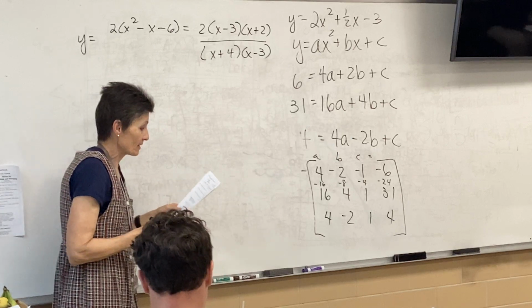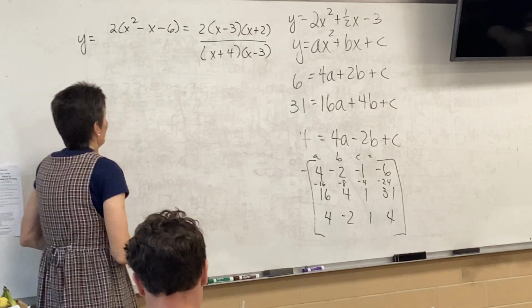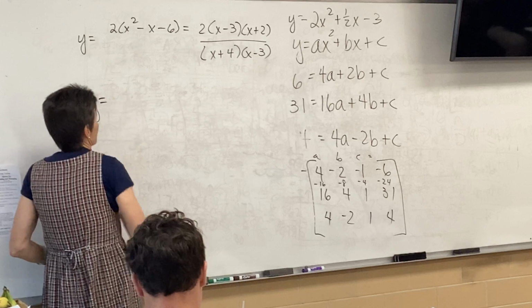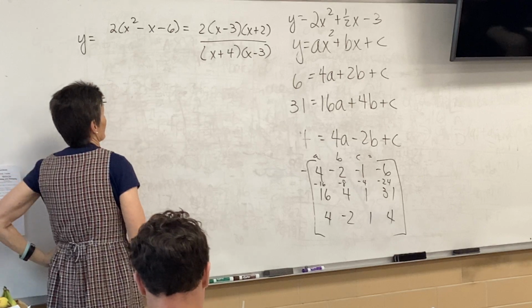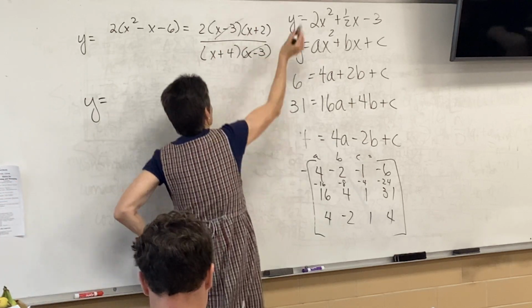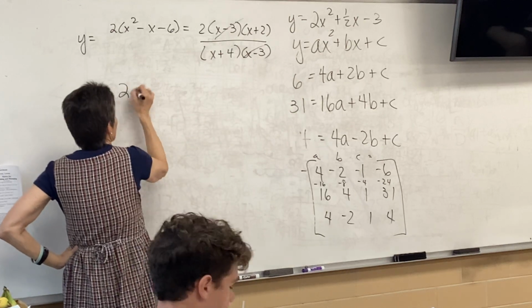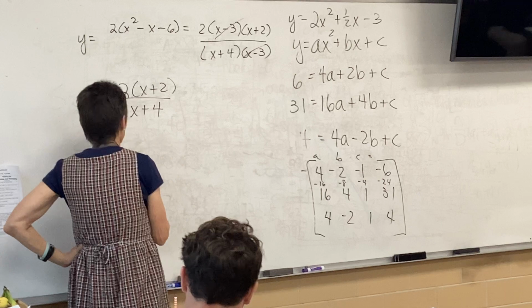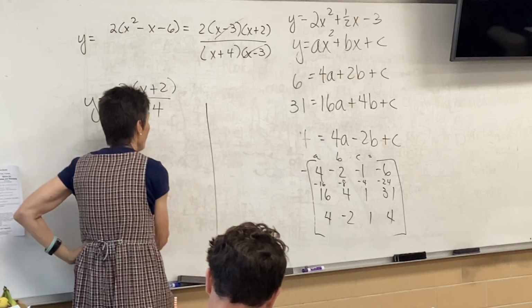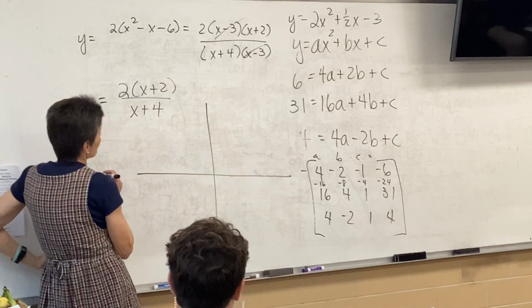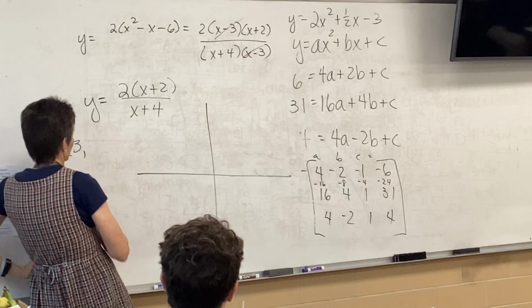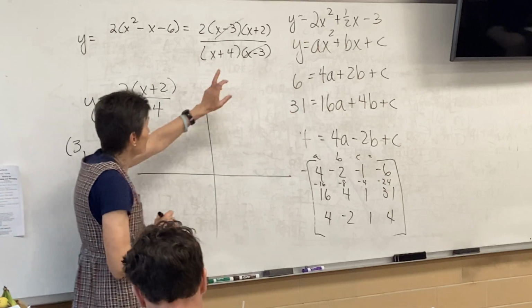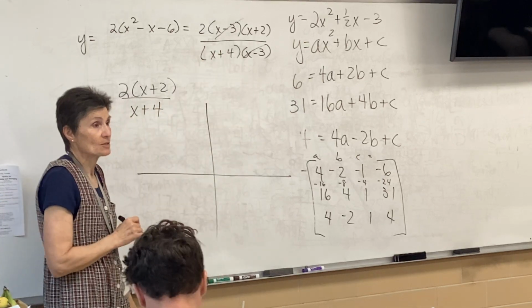Hopefully I factored that right. What do I notice about this? They cancel. So that means I'm going to have a hole in my picture, at the point where x is 3, because that's the factor that I canceled out.